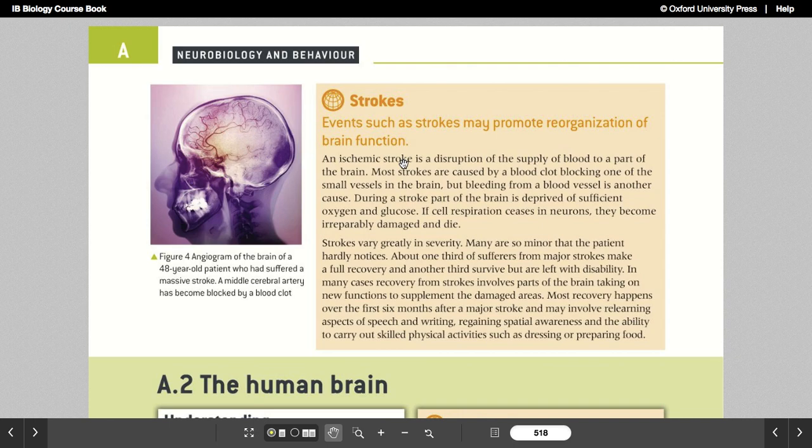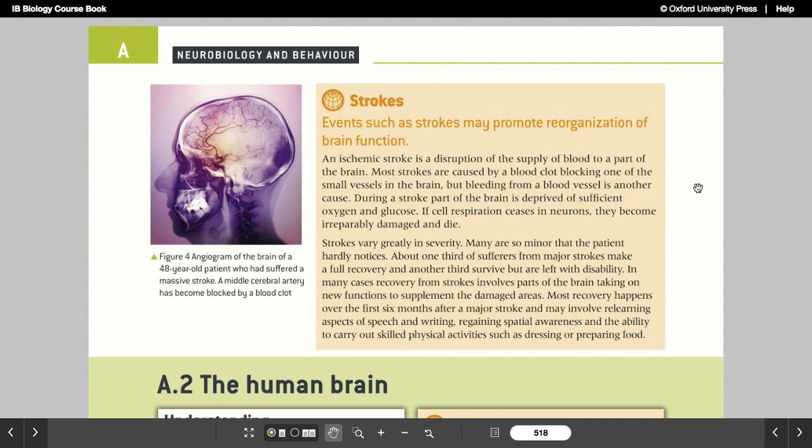The main type of stroke that most people have is called an ischemic stroke, and that means that you are depriving your brain of oxygen. When your brain cells don't have oxygen for 2 or 3 minutes, they start to die. You can also have another type of stroke called a hemorrhagic stroke, where the blood vessel breaks, so you start bleeding out, and your brain is also not getting oxygen, because the blood's not getting to your brain, it's leaking out of a blood vessel.